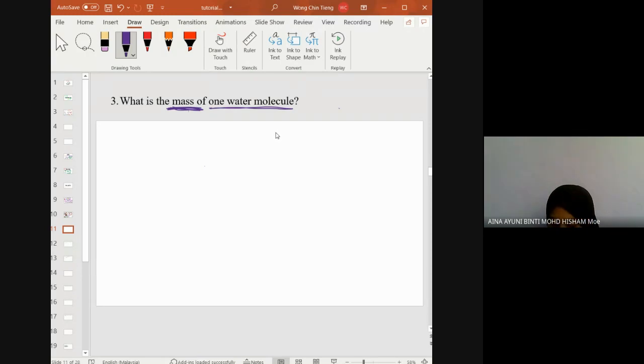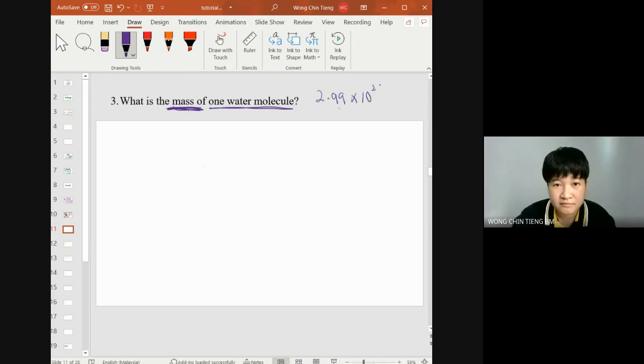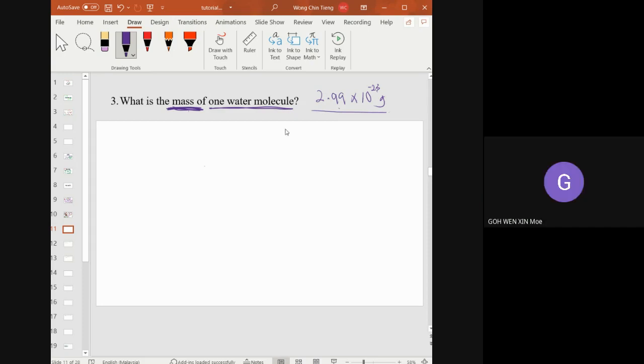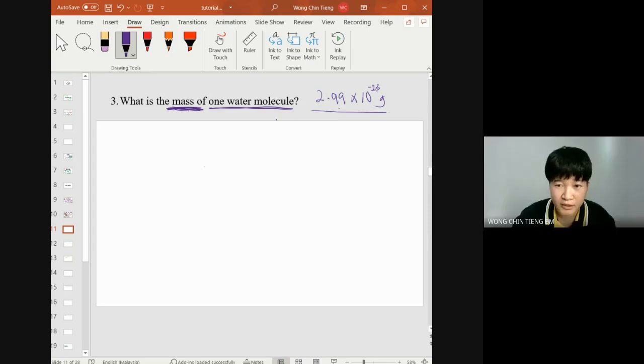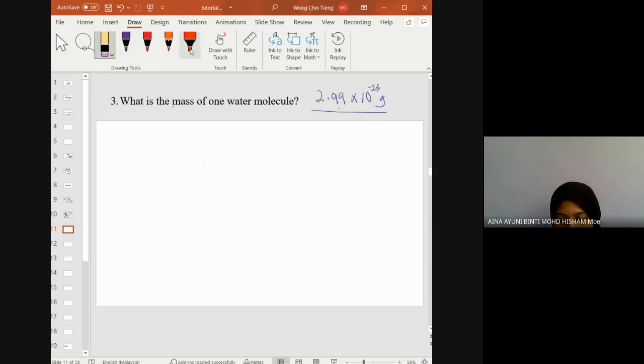2.99 times 10 to the power negative 23. How do you get that? Can you explain a little? 1 mole of H2O is equal to 18 gram.